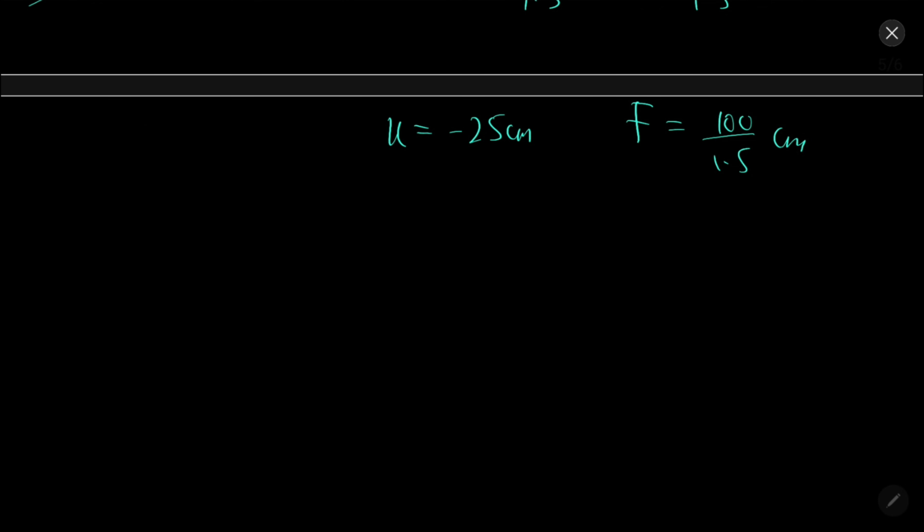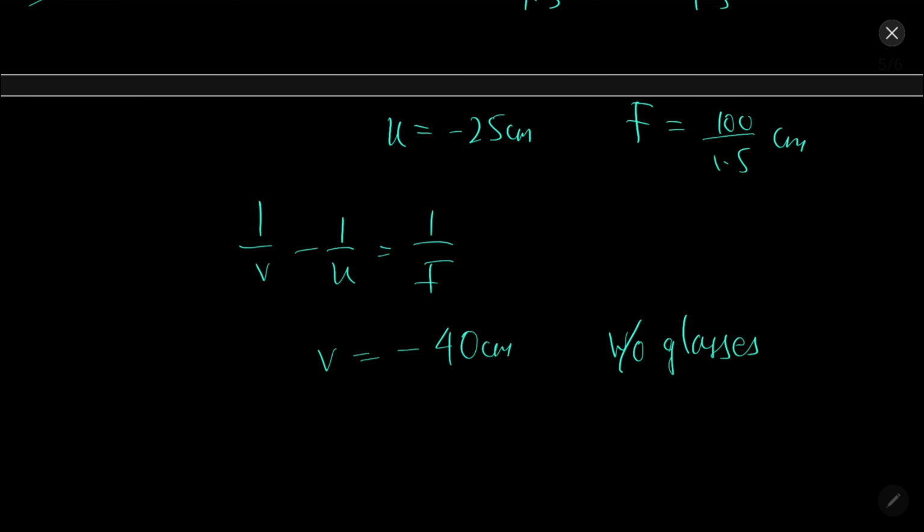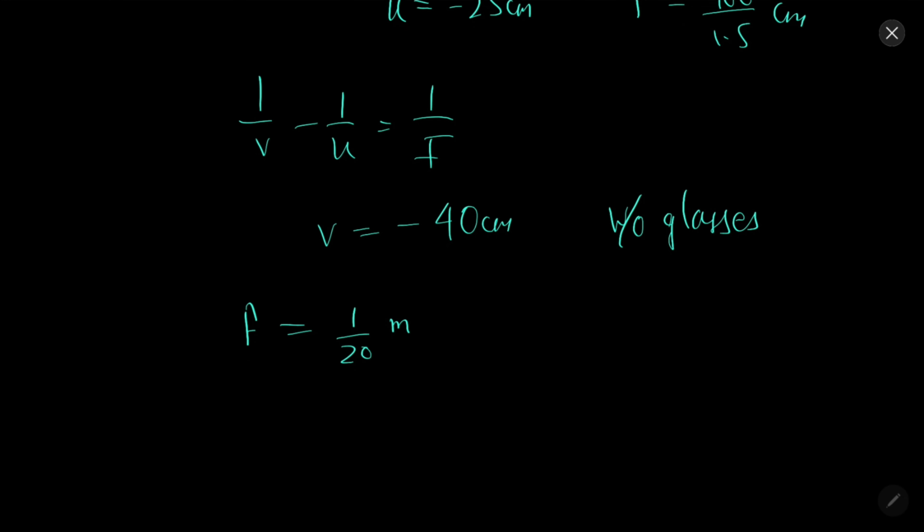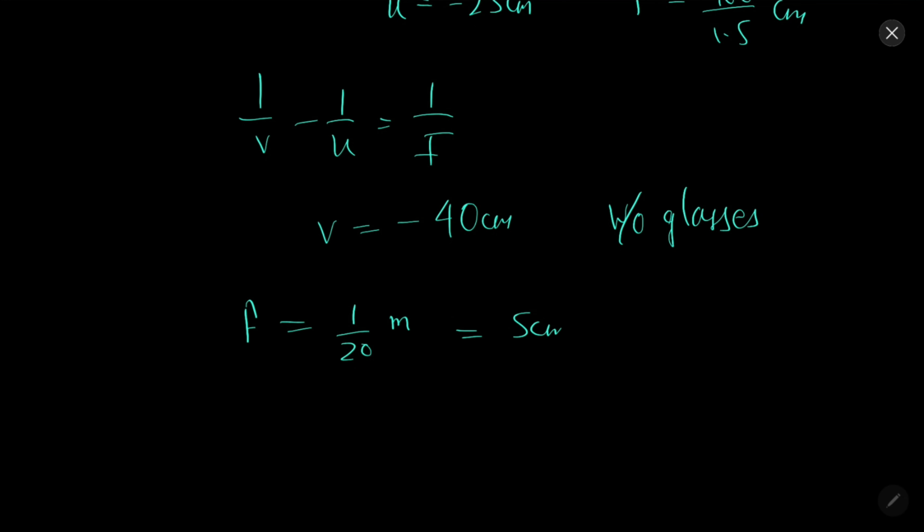So 1 by v minus 1 by u. So v will come out to be minus 40 centimeter without glass. Focal length of magnifying glass is 1 by 20 meters, 5 centimeters.